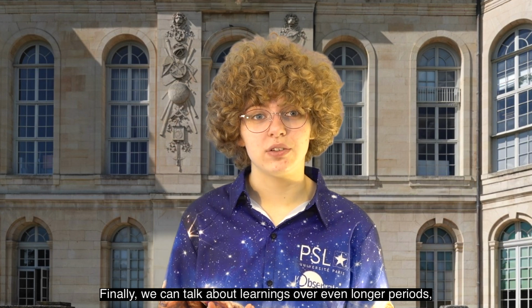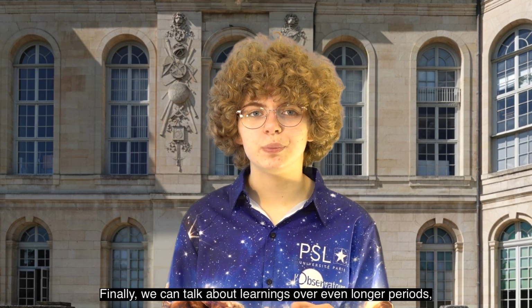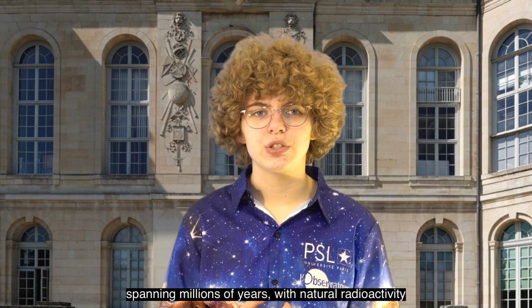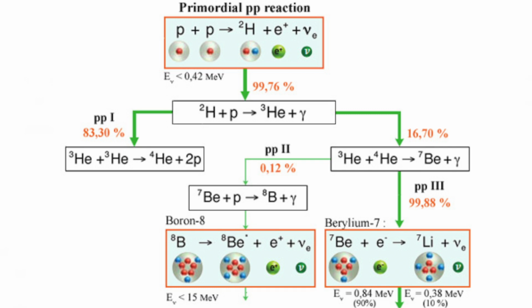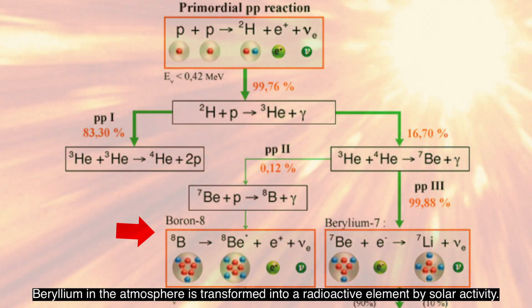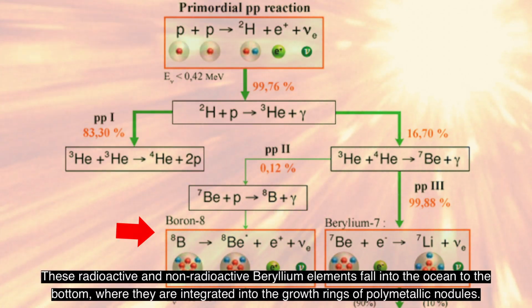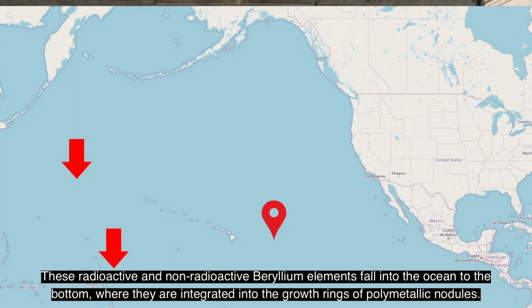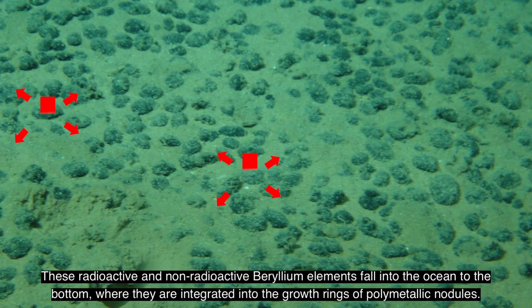Finally, we can talk about learnings over even longer periods, spanning millions of years, with natural radioactivity, much like carbon-14 dating. Beryllium in the atmosphere is transformed into a radioactive element by solar activity. These radioactive and non-radioactive beryllium elements fall into the ocean to the bottom, where they are integrated into the growth rings of polymetallic nodules.